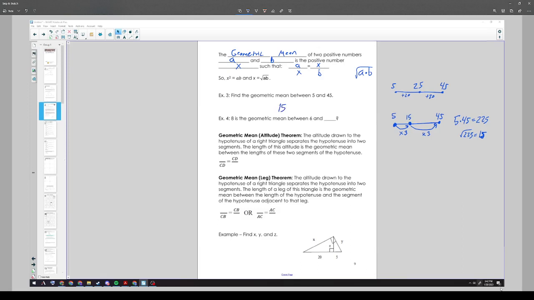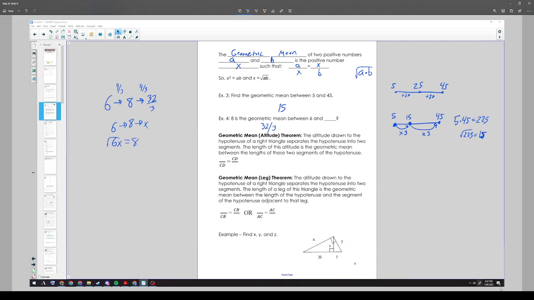8 is the geometric mean between 6 and what? So again, two ways of thinking. I could say 6 to 8 is multiplying by 4/3. So if I multiply by 4/3 again, I would have 32/3. So that's going to be my answer. Then if I wanted to solve it the square root way, I would have said 6 to x, no, sorry, we knew the middle term here. 6 to 8 to x would be 6x, and then the square root of that equals 8.